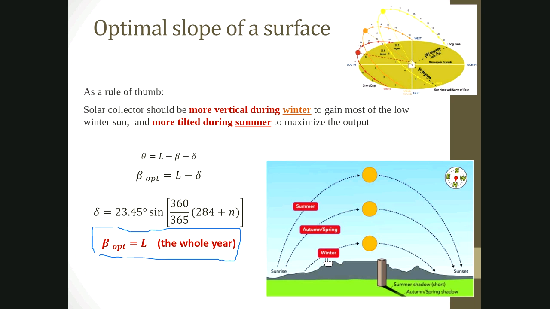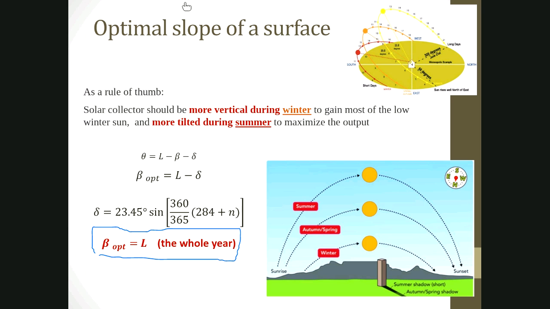Okay, short day, low sun radiation. So if I make my collector more vertical in winter, I will obtain more radiation. Opposite in the summer, we try to make it more tilted to maximize the output.